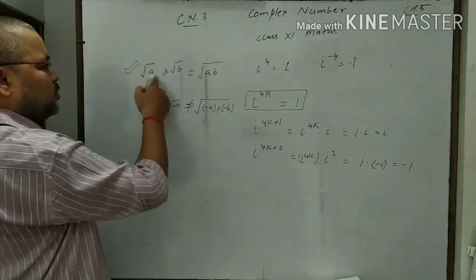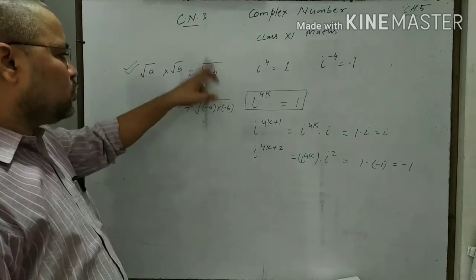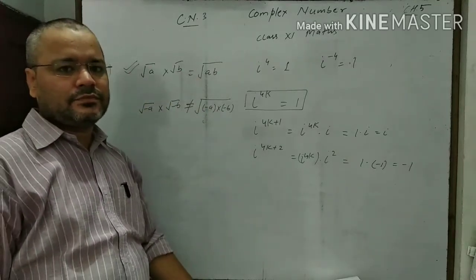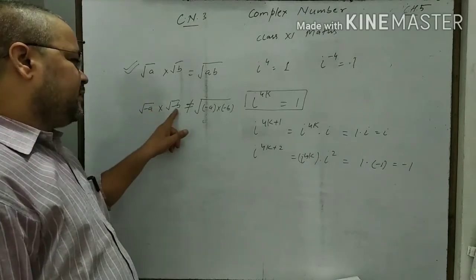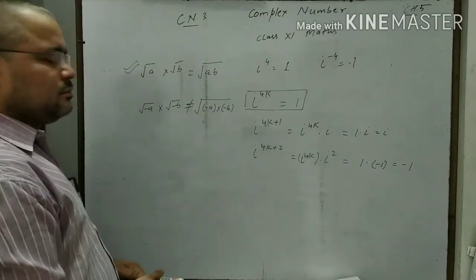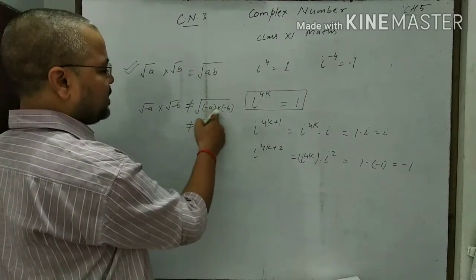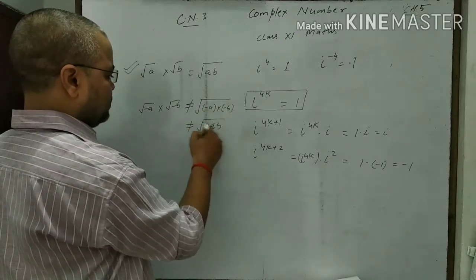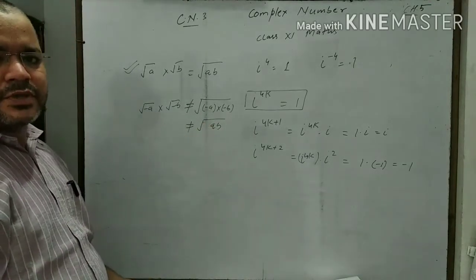This concept is possible only when A and B both are positive. If both are negative, then it is not possible, because the value will be under root of plus AB, which is not correct.